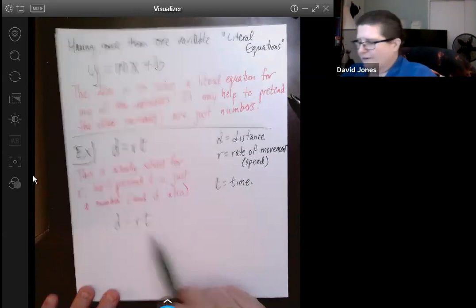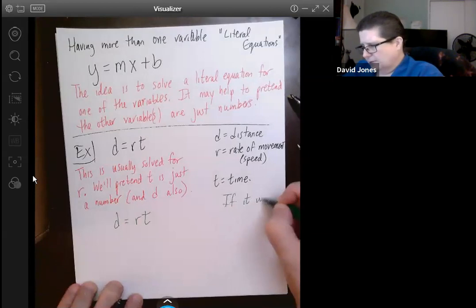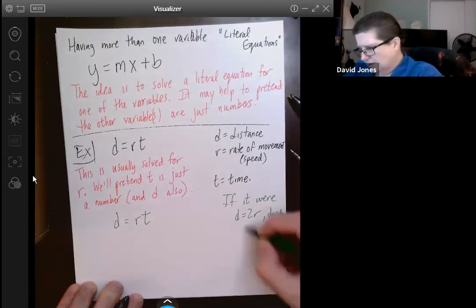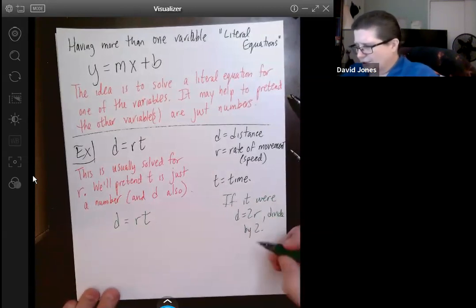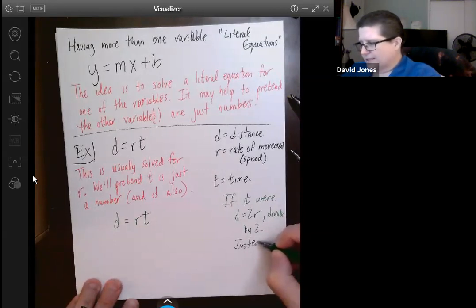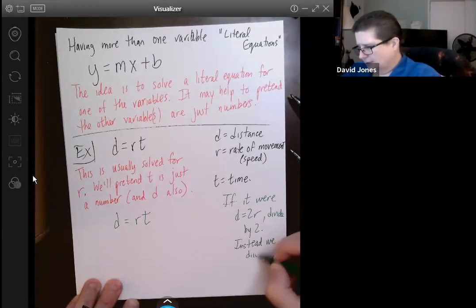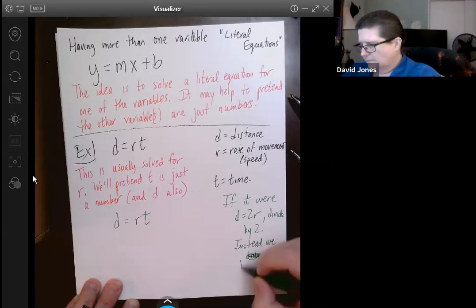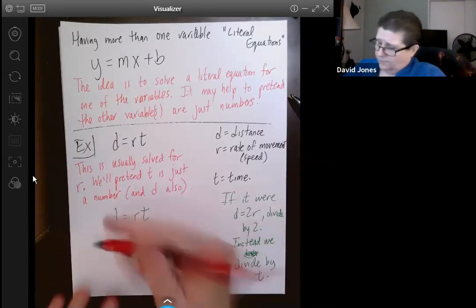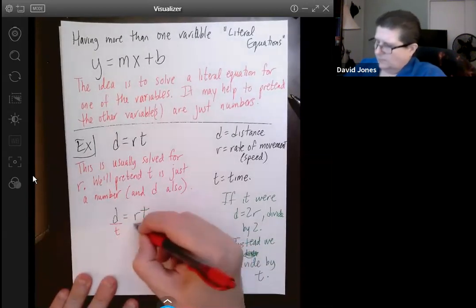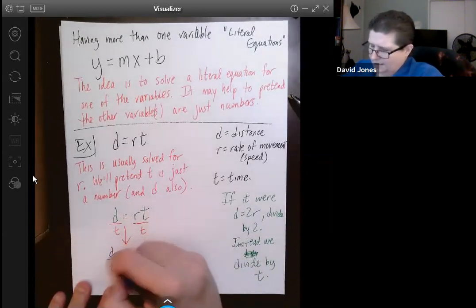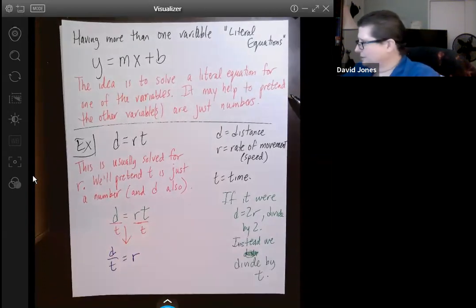What would I do if it were 2R? Divide by 2. But it's not 2, it's T. So we'll do the same operation though. Instead, we divide by T. On the left side, I've got D over T. On the right side, I just have R because the T's cancel.